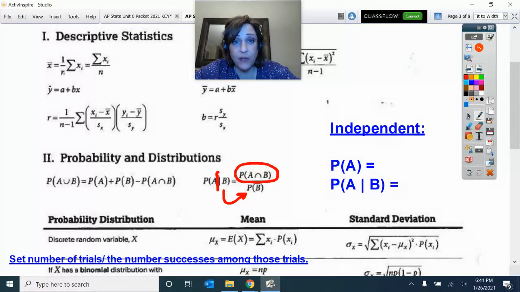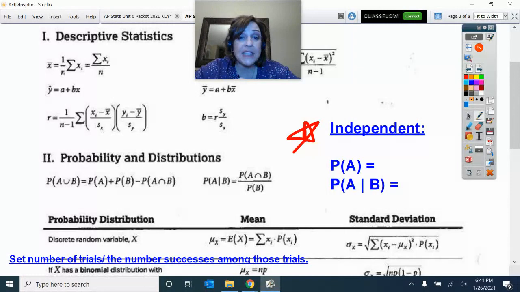And then the other final thing is, remember that when you are checking for independence, there is a particular mathematical way to statistically give evidence of that. This is not on the formula chart, but this is a perfect little place for us to always memorize that that's where that goes, and we're going to put that down there. So what we do is we look at the overall probability of event A, and then we see, what's the probability of A given that B has happened?